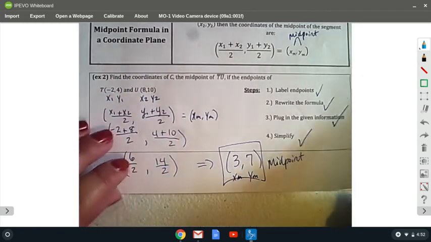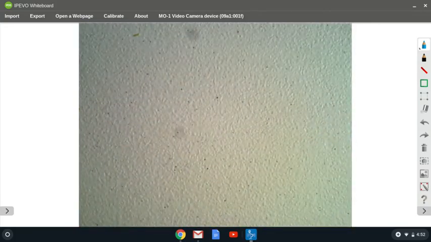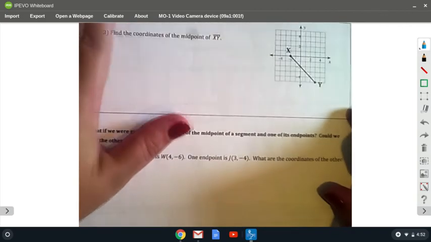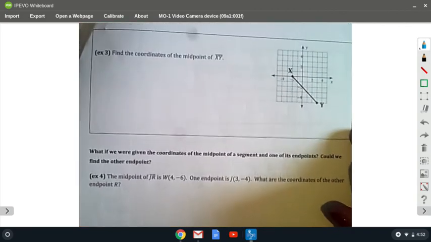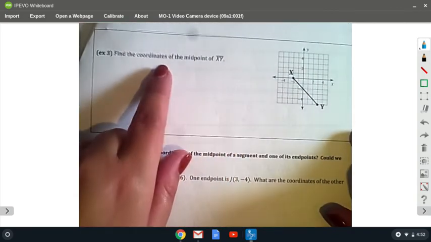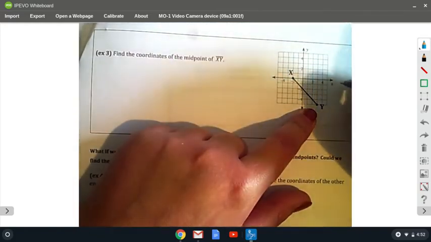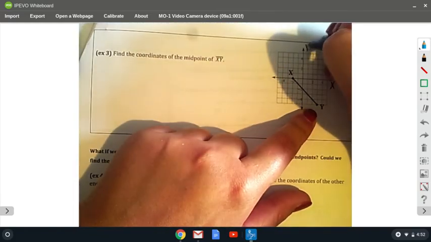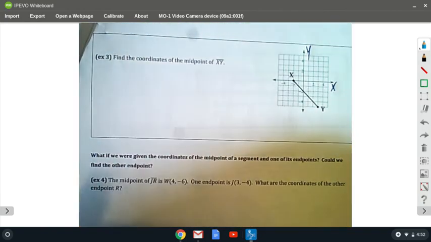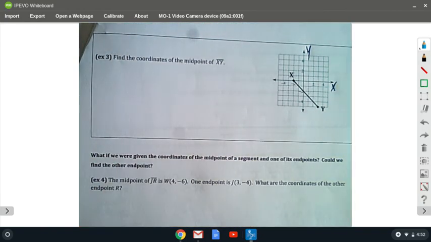All right, I'm going to flip around to the other side, and I'm going to go over one from a graph. So if I'm finding the coordinates of the midpoint of XY, so this is a graph. Remember, this is the x-axis and this is the y. The first thing you got to do in a problem like this is name those points.